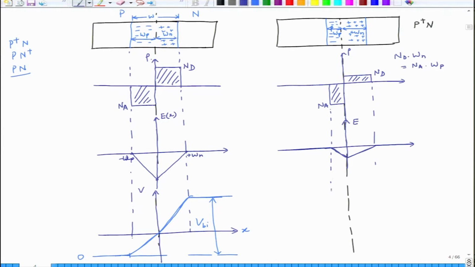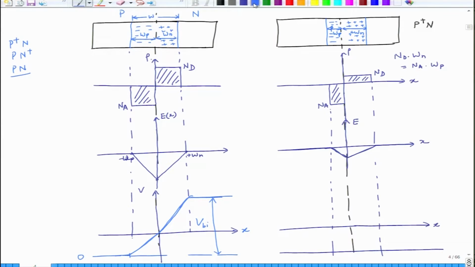Now if I look at the potential, this is x, the potential goes as, this is some level 0.